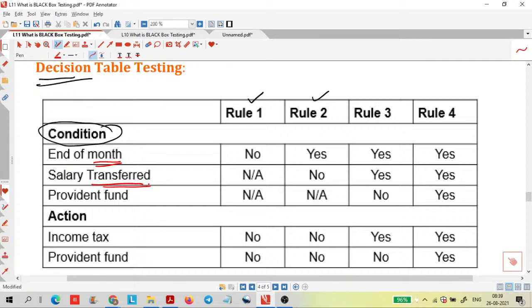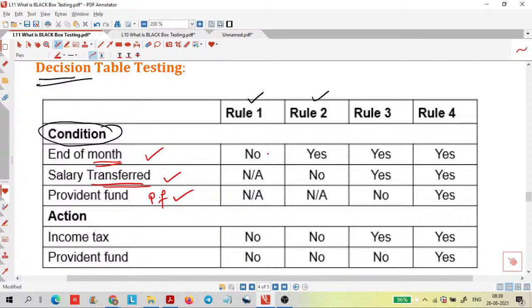Here the conditions: end of the month, salary transferred, and provident fund, PF. PF means it is a deduction from the salary. Some amount will be deducted from the salary, and the same amount will be provided by the employer also. So these are the conditions.